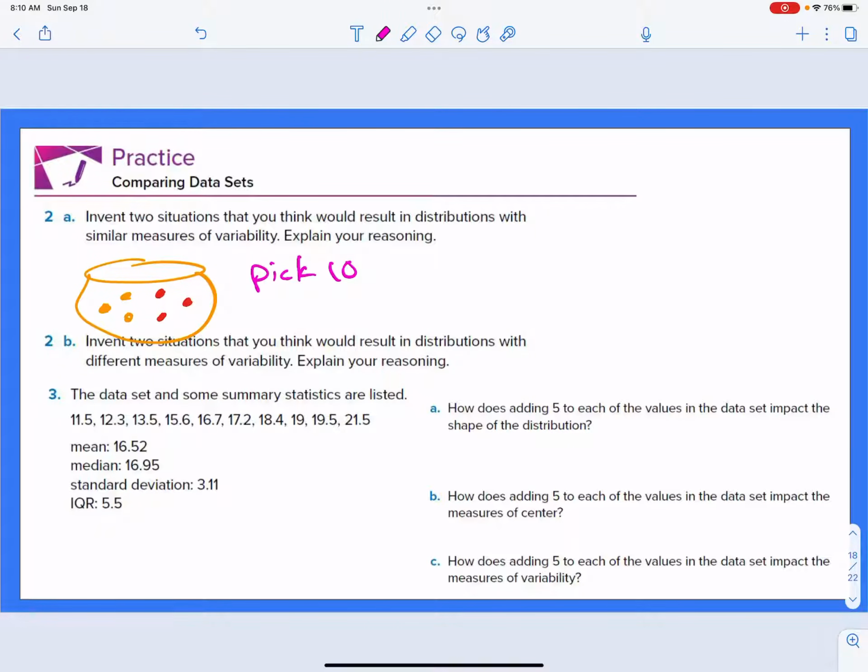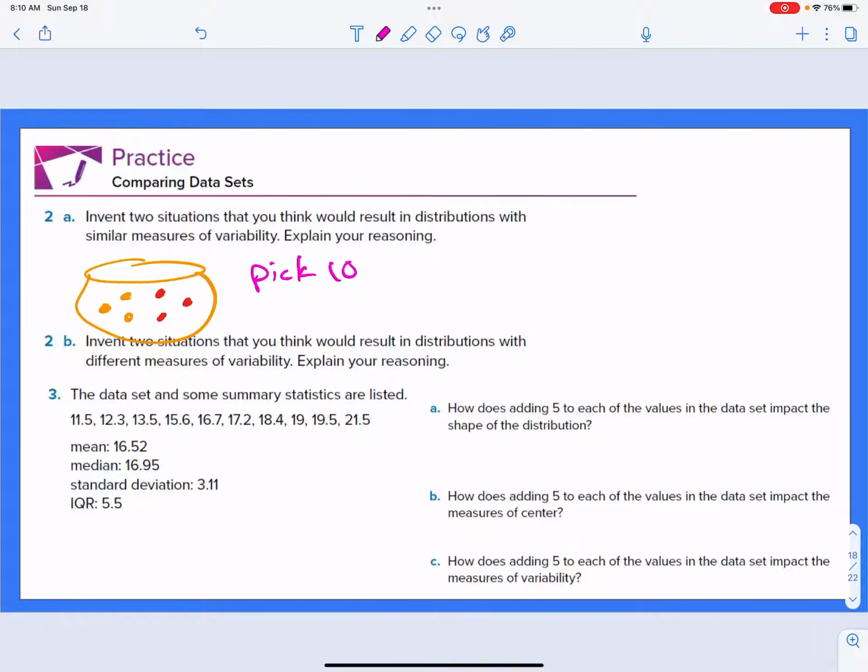Well, because they're pretty balanced for what you're going to have, I could probably get a very consistent or similar measure of variability because the odds of getting one or the other, it's a 1 and 2. So I would probably get similar displays each time. So that's an idea. So you want something very consistent there.